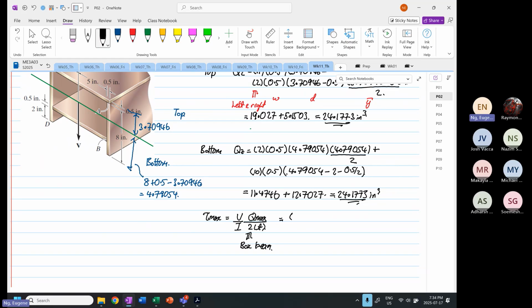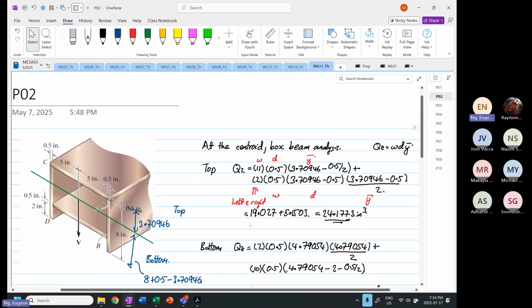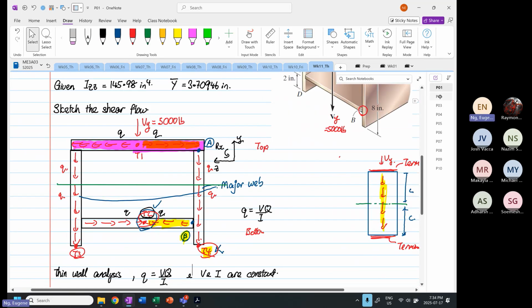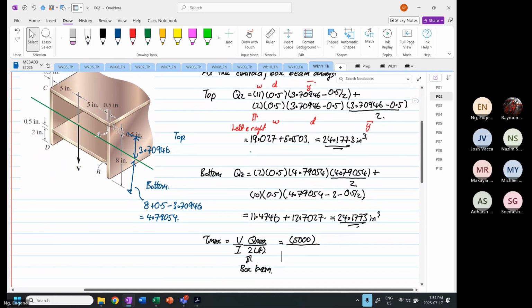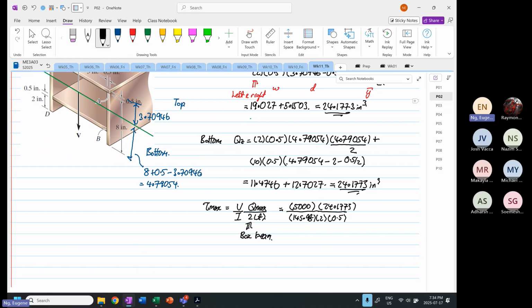So V is 5,000. I, remember I is equal to 145.98, and the thickness, Q is 24.1773.